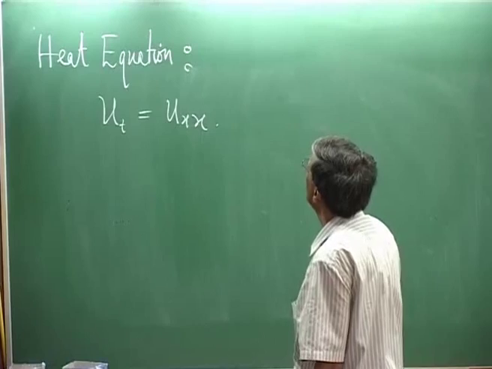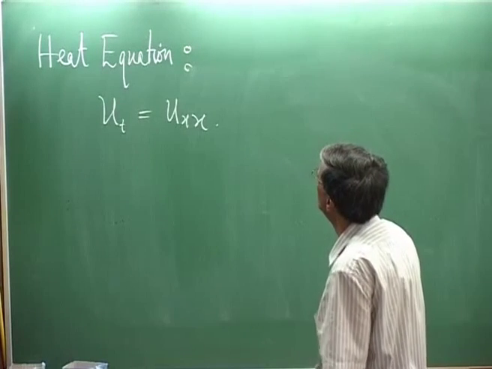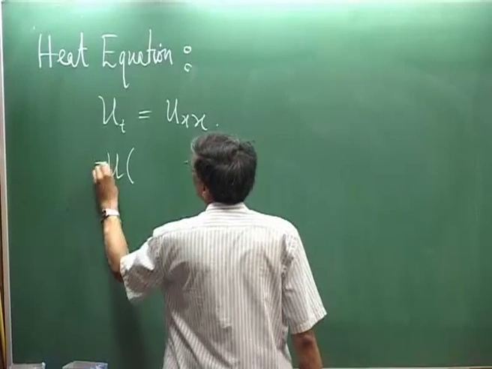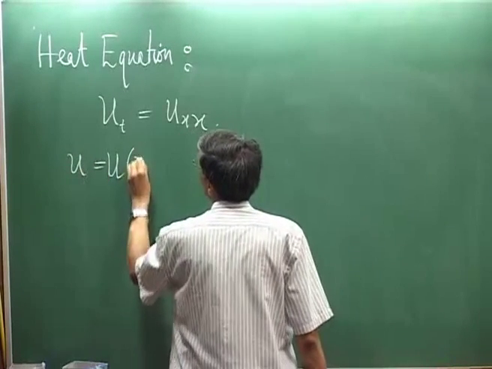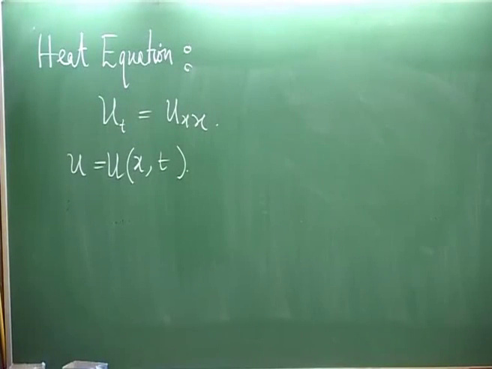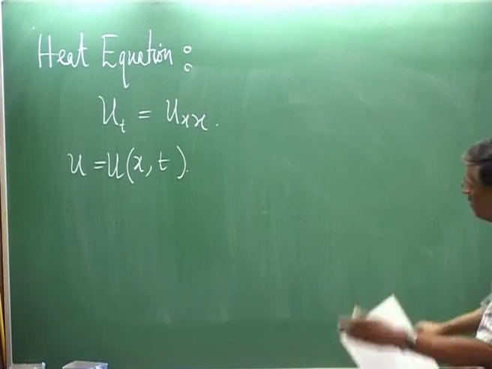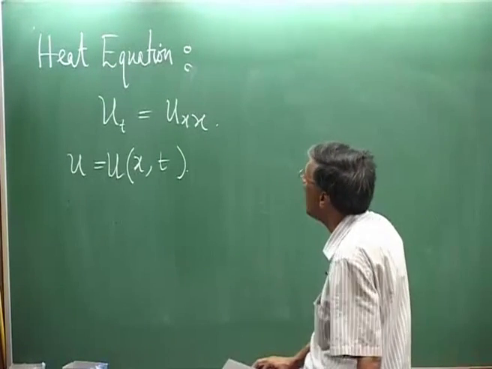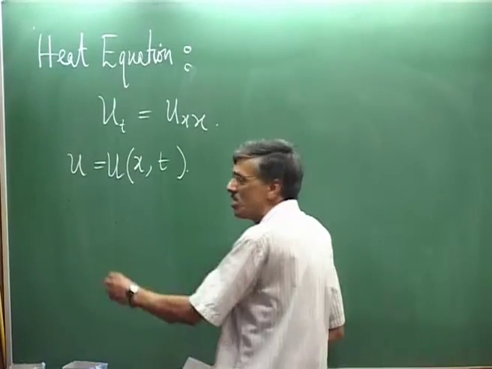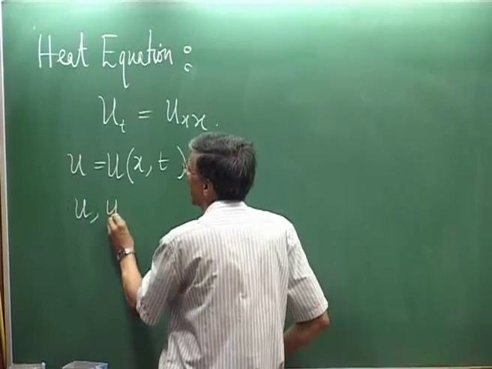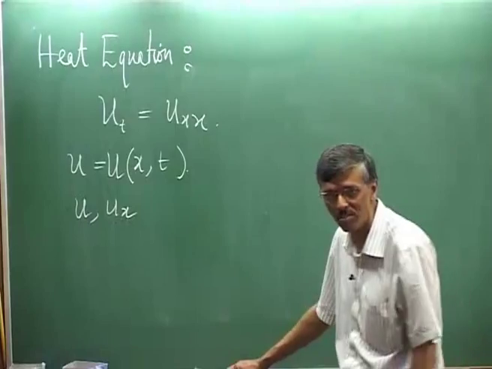So, if I see the solution, then we are talking about the solution being dependent on x and t, and if I say I have the solution up to some point in the x t plane, that would involve the knowledge of u and u x, right. So, we know this. So, this is your solution.